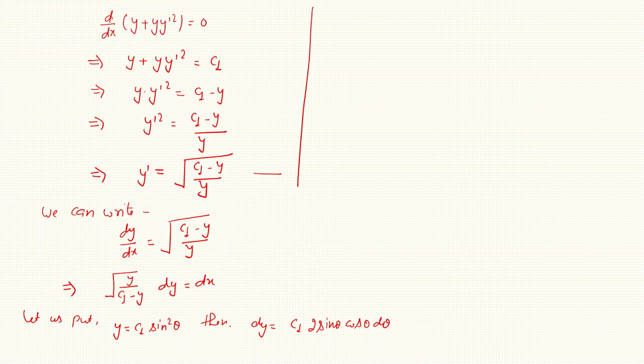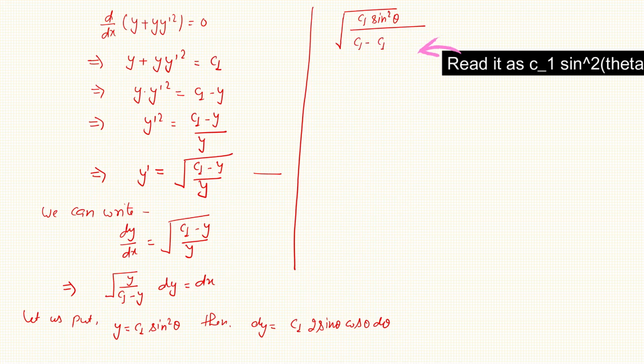Using this we can write under root c1 sin square theta upon c1 minus c1 cos square theta into c1 2 sin theta into cos theta d theta is equal to dx.